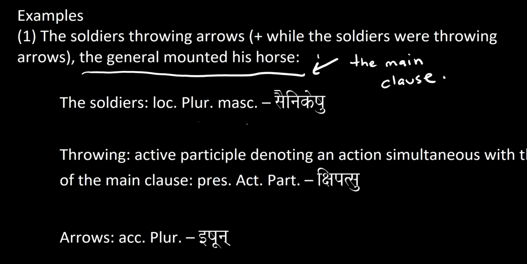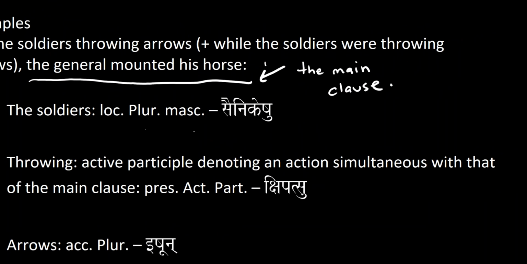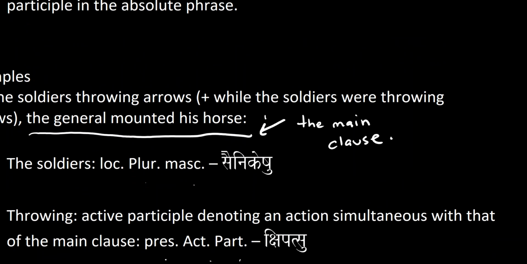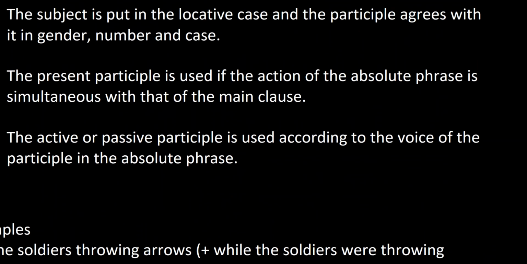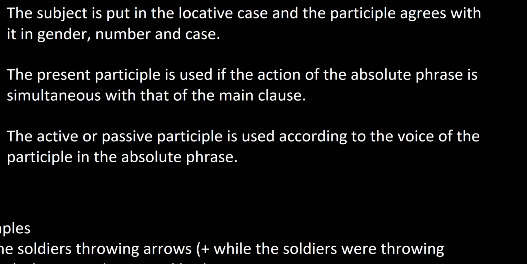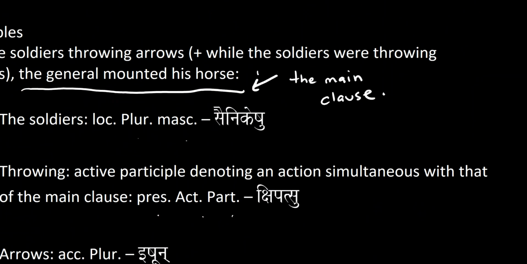The soldiers were throwing arrows. So that's why you have the active participle denoting an action simultaneous with that of the main clause. So you have present active participle to throw, and that's kshipatsu. And then it's used according to the voice of the participle. And then that subject put in the locative case and the participle have to agree with each other.